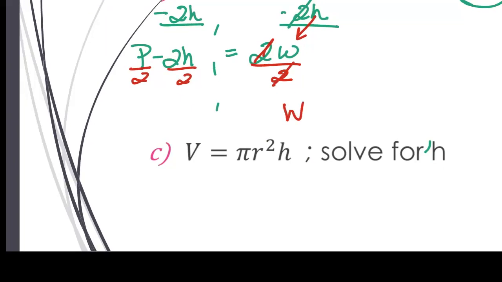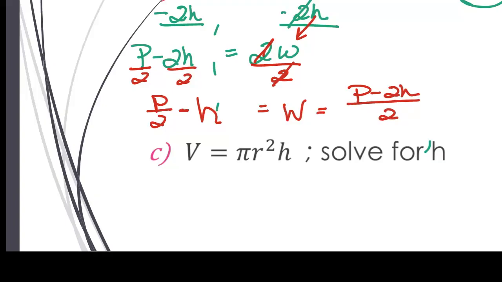I have W equals, so you can have P over 2 minus, what is 2H over 2? Can I simplify that? H. So you could have it like this, or you could also have it as P minus 2H divided by 2.